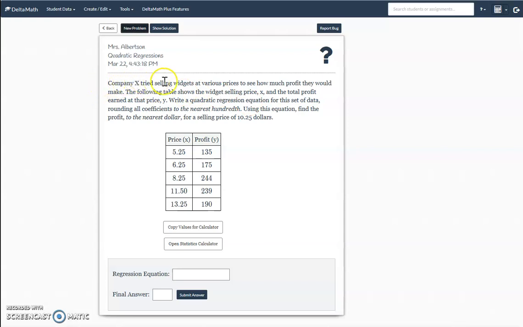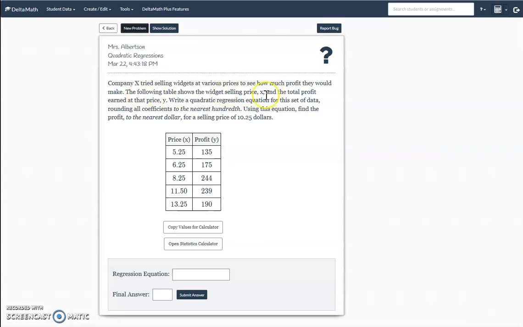So company X tried selling widgets at various prices to see how much profit they would make. Well, let's pause there for a second. We learned that whenever we have an equation that talks about profit, we know that's going to be a parabola. So we're not looking for a line of best fit, we're looking for a quadratic of best fit, or a parabola of best fit.